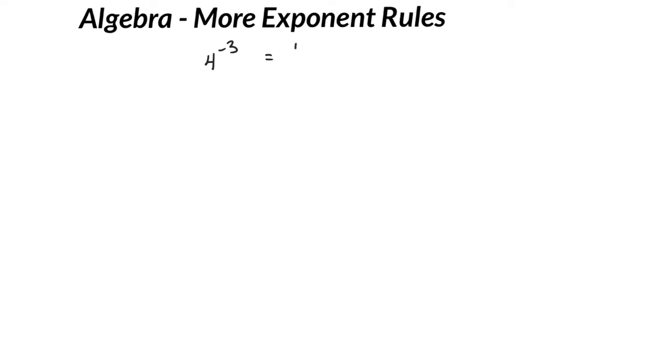So this is like saying divide by 4 3 times. Or even better, we could just write 1 over 4 cubed. Like that. Basically, the negative just puts us into the denominator. So if we had x to the negative fourth, that is the same as 1 over x to the fourth.